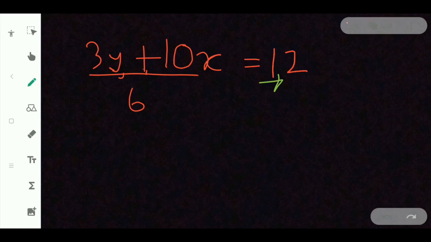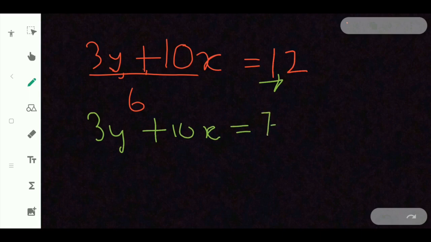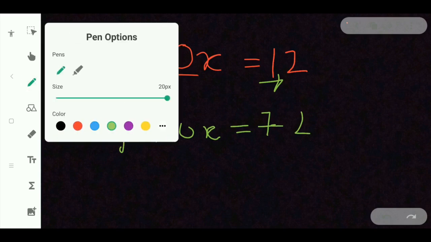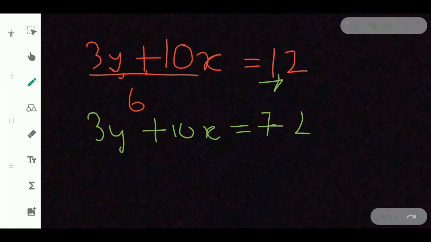So let us write it. 3y plus 10x is equal to 12 into 6, nothing but 72. Now we got our second equation, also a one line equation. So let us keep them and solve them.